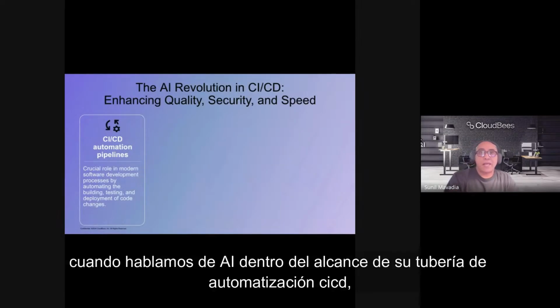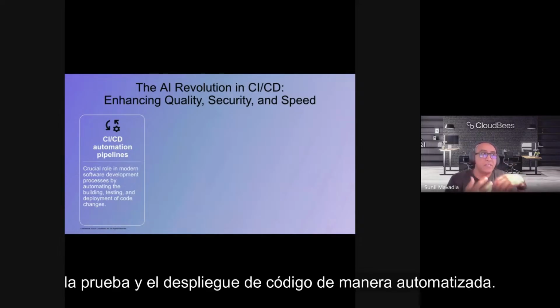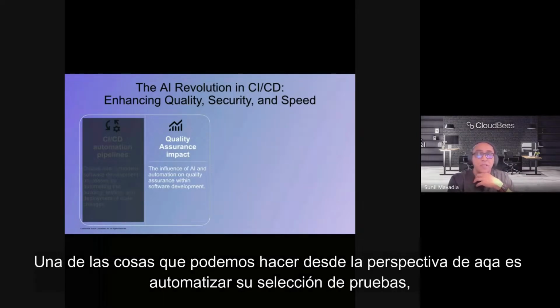So as we talk about AI within the scope of your CI/CD automation pipeline, you have to look at how AI can bring in the building, the testing, deployment of code in an automated fashion. One of the things that we can do from a QA perspective is automate your test selection.